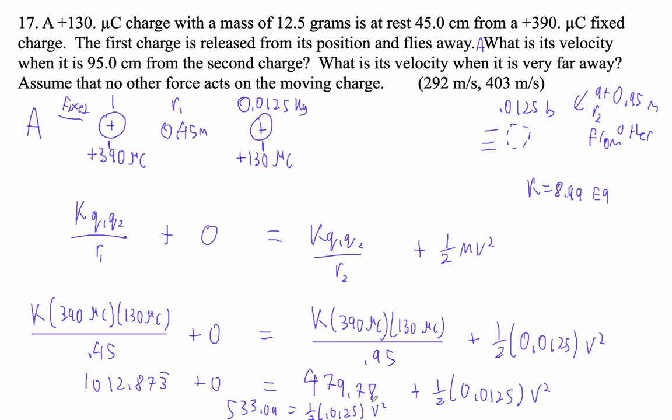And I must take the square root of that. I'm getting 292, so our velocity is, at this point, 292.05 meters per second. Okay? So that's the first part. Let's do the second part. I'll do that in the next video.